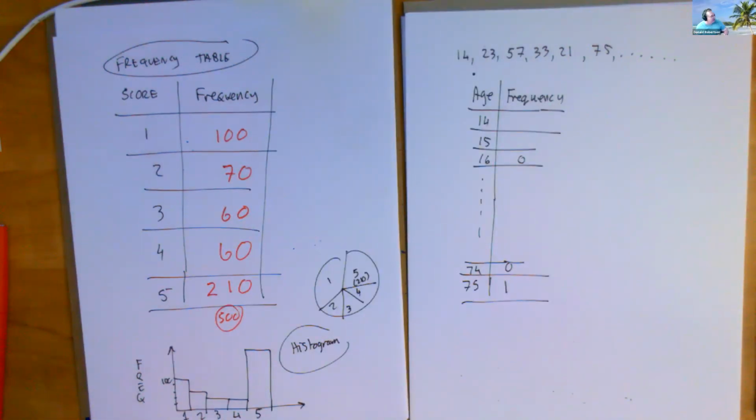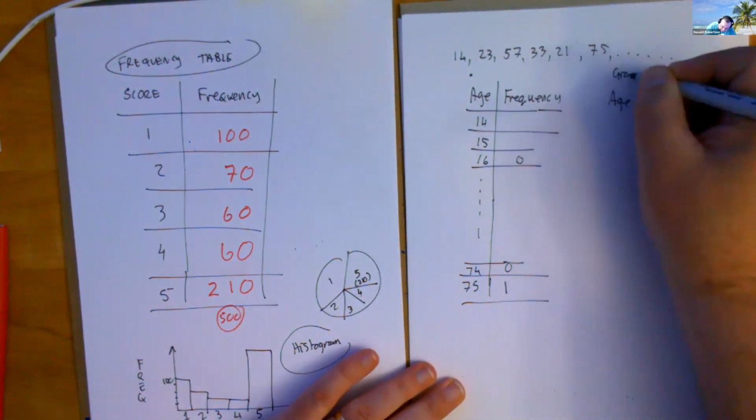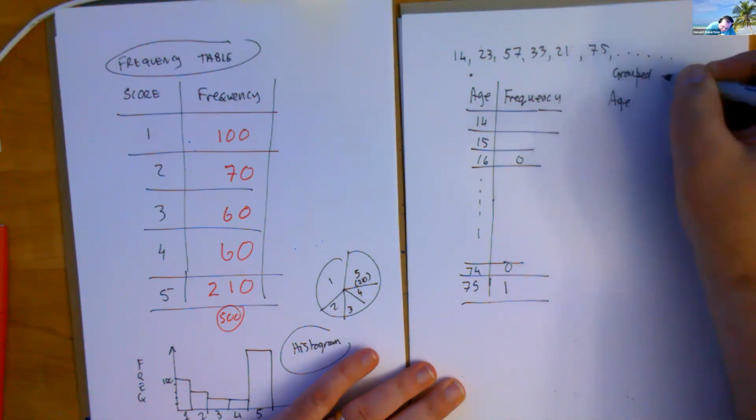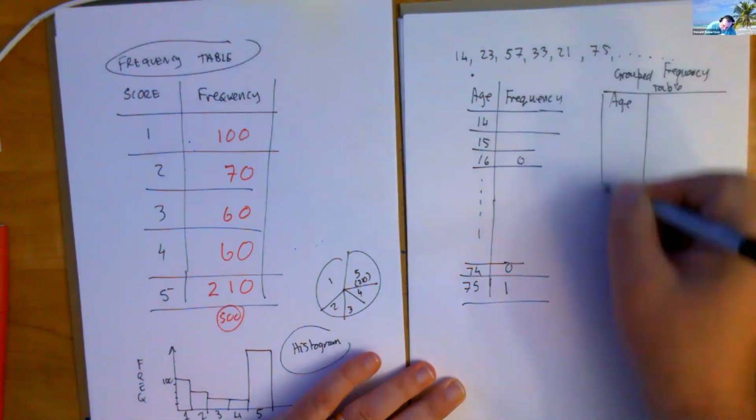The table's too big. Most of the numbers are 0, an odd 1 or 2. Not a good way of tackling the information. So what you do instead is you do what's called a grouped frequency table. And you still do the age, and you still do the frequency.